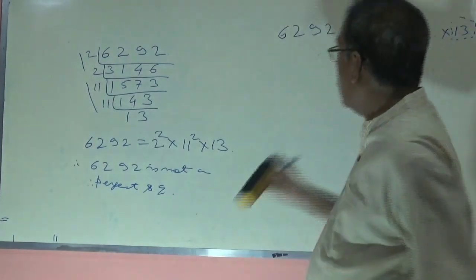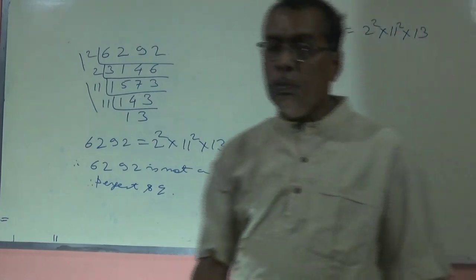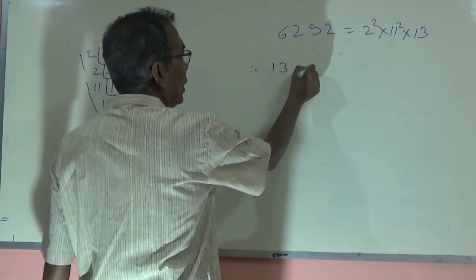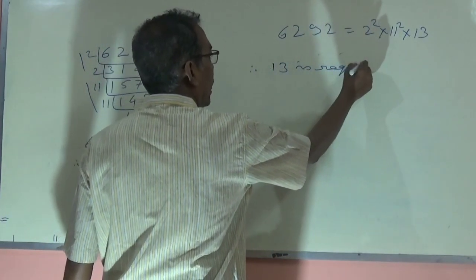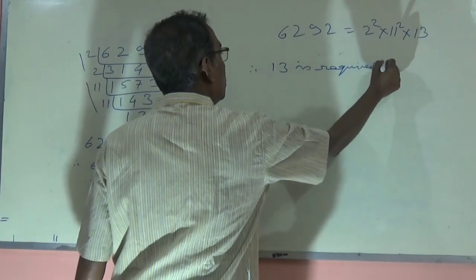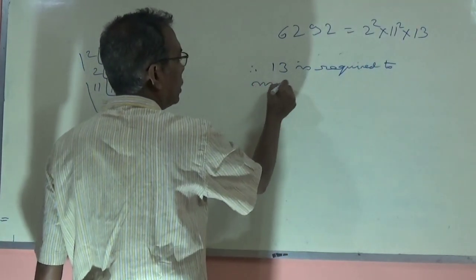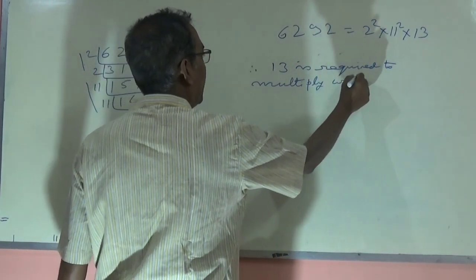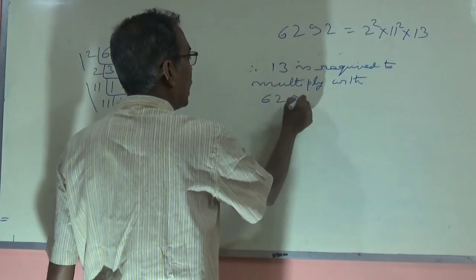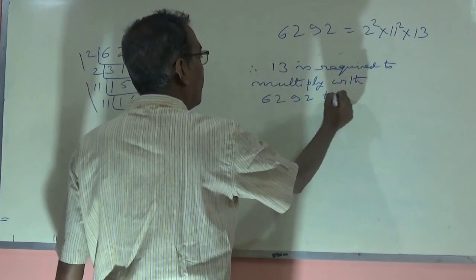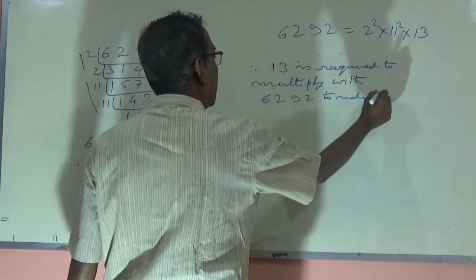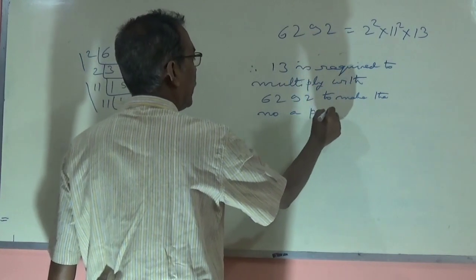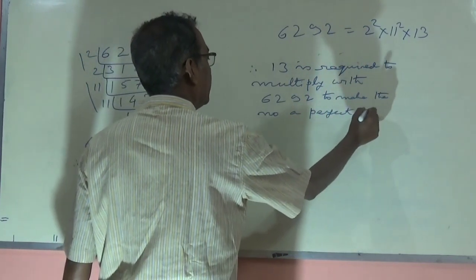So I am going to write here: therefore 13 is required to multiply with 6292 to make the number a perfect square.